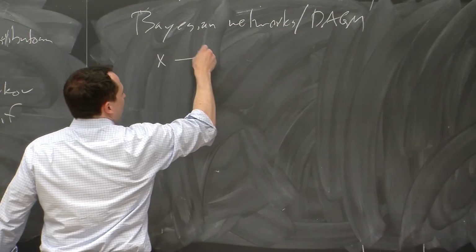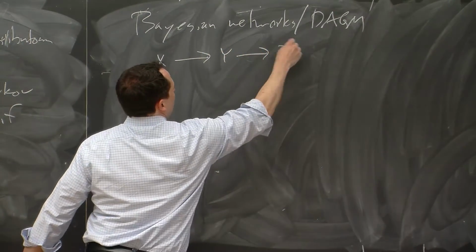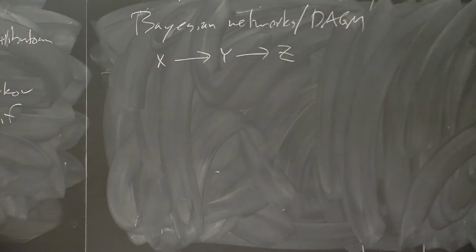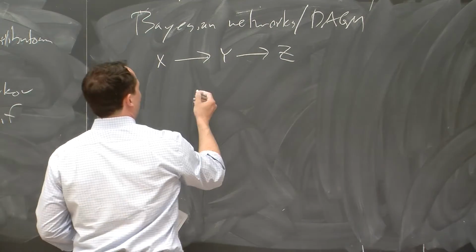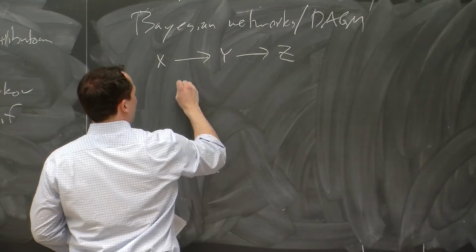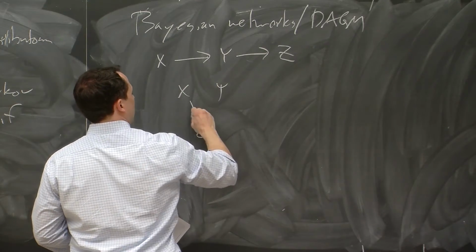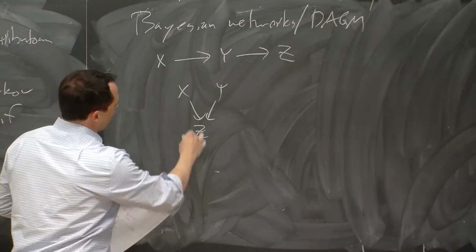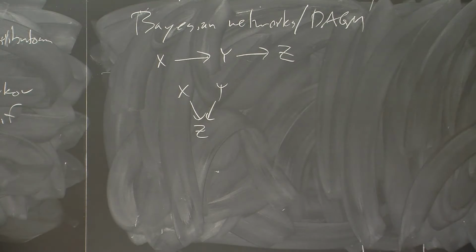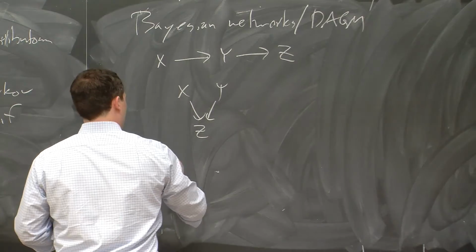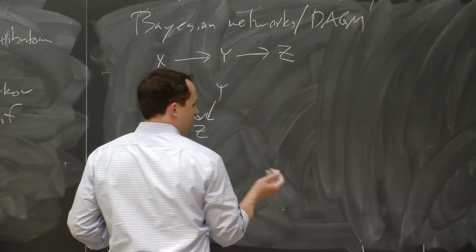A directed graph is one in which each edge is not just an edge, but has a direction. One result of that is that every vertex has a set of parents and children, which might be empty. And acyclic means that it doesn't have any directed cycles.